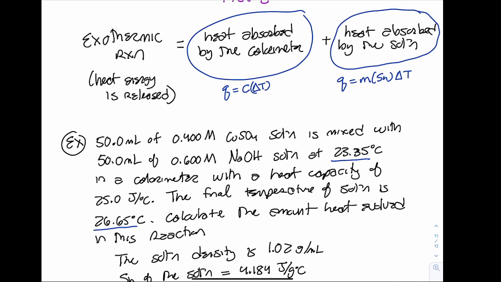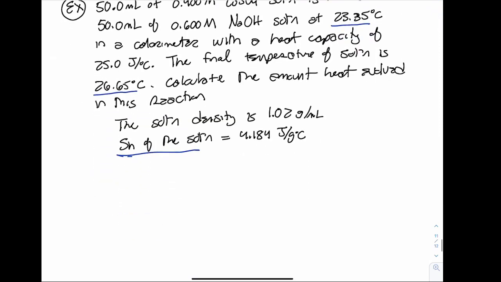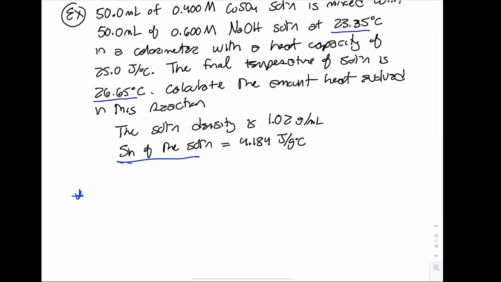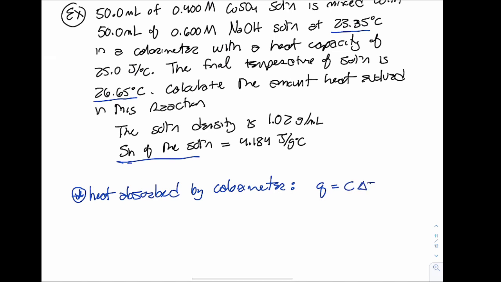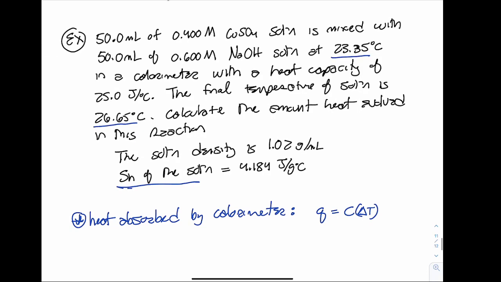So let's do heat absorbed by the calorimeter first. We're going to use this equation. And again, my clue to use that equation, if I read the problem, is that I'm given a heat capacity for the calorimeter.